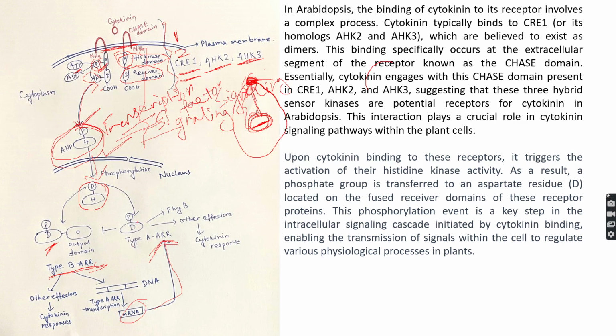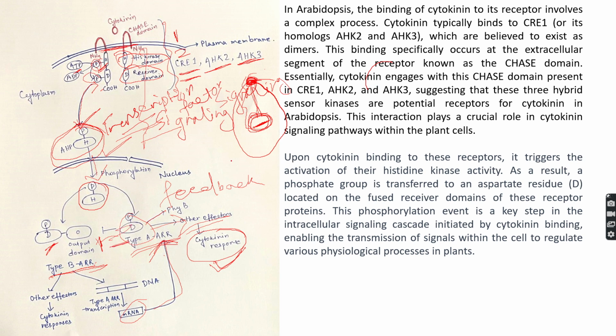Type A ARR will be phosphorylated and it will make other changes which will create the cytokinin response in the cell. Some unknown factors are there through which type B ARR is basically showing some feedback response. That part is basically unknown.